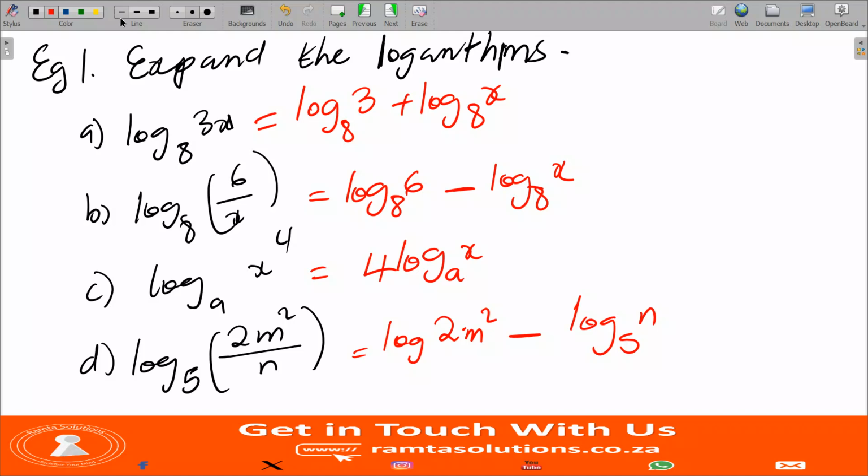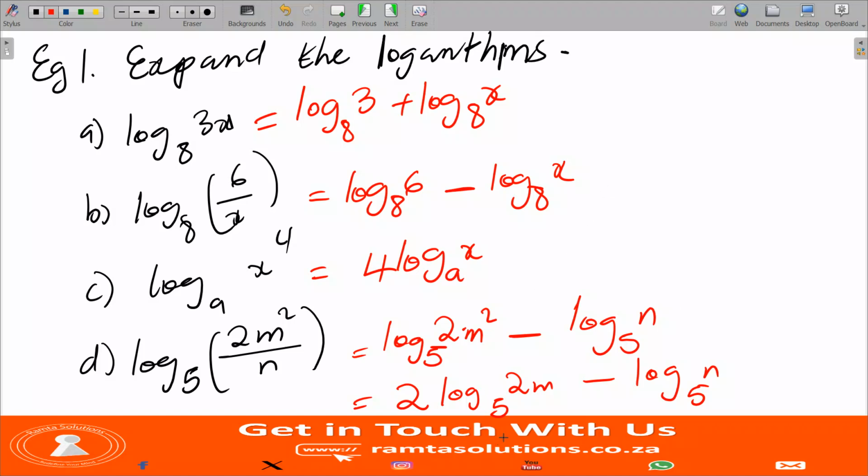And this, it seems like we can simplify further. It'll be 2 log 2m base 5 minus log n base 5. Right? Great stuff.